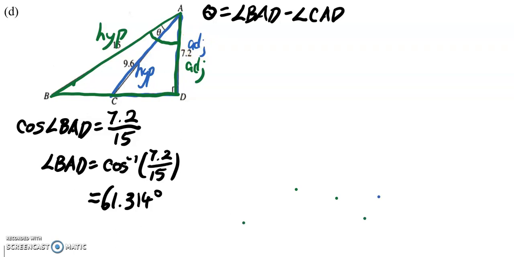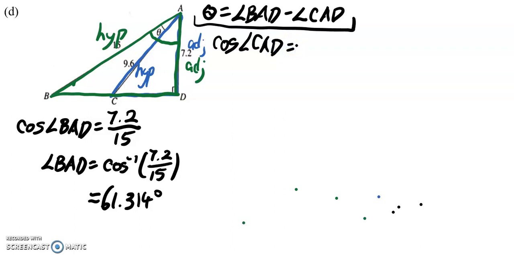So from here, I know that likewise to the previous example, because it's adjacent and hypotenuse, so my cosine angle CAD is actually equivalent to adjacent over hypotenuse, which is 7.2 over 9.6.